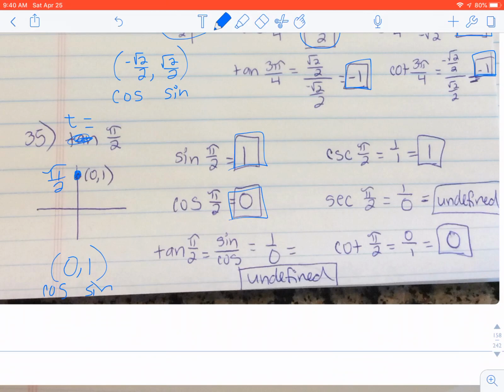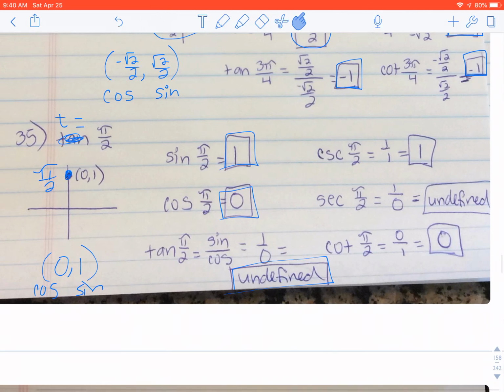The tangent of pi over 2, be careful here, is sine over cosine. Our sine is 1. Our cosine is 0. Since 0 is in the denominator, it is undefined. The cosecant of pi over 2 is the reciprocal of sine.